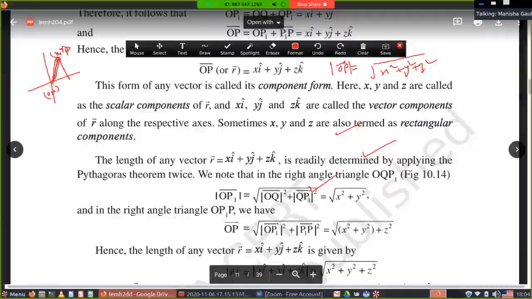If I want to calculate the distance OP, it is a right angle triangle, so you can find the distance OP as the square root of x square plus y square. And if I am taking space, where the coordinates are x, y, and z, the magnitude will be the square root of x square plus y square plus z square.